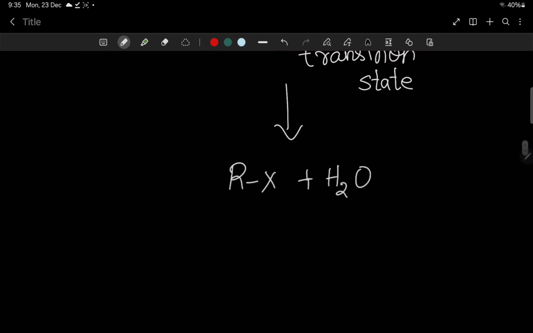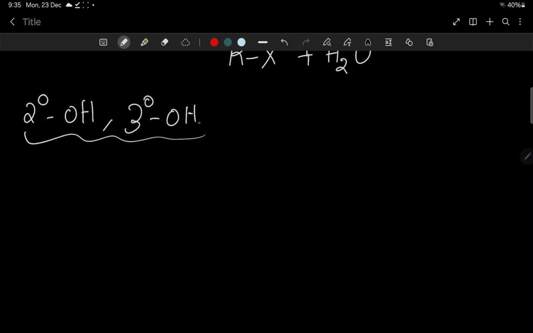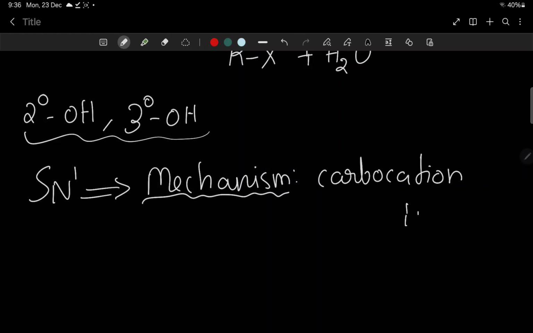Now for secondary and tertiary alcohol, the method is the SN1 reaction. What is the speciality of the SN1 reaction? This reaction has a carbocation intermediate. It doesn't have a transition state; it has an intermediate.